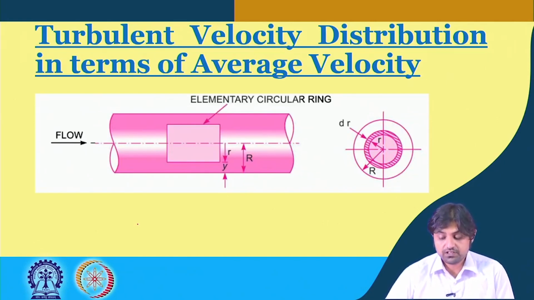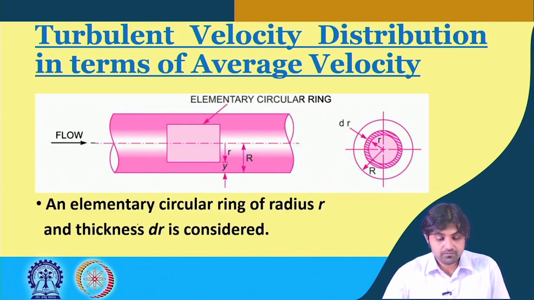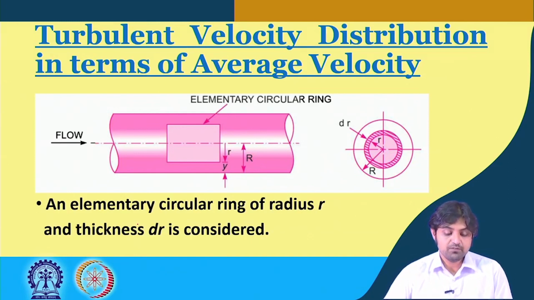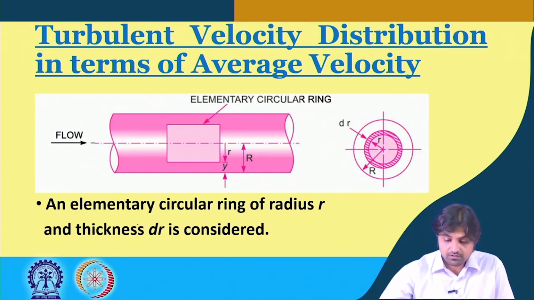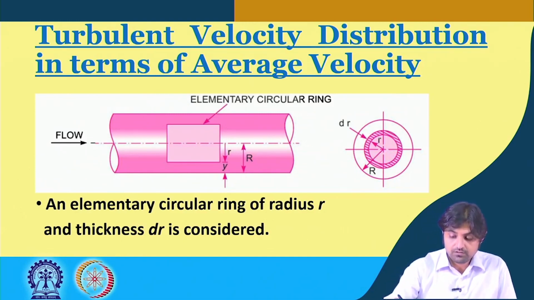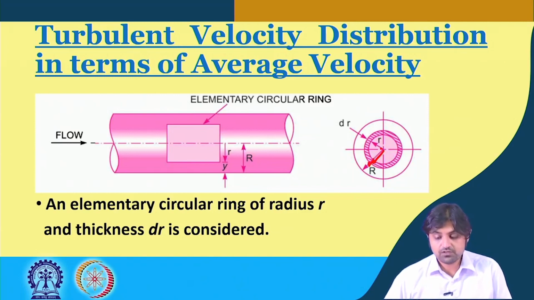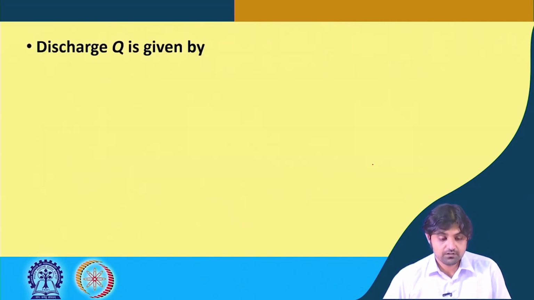This is of radius r. So we have an elementary circular ring of radius r and thickness dr, which we have considered. So radius small r and thickness dr, that is what we have considered.